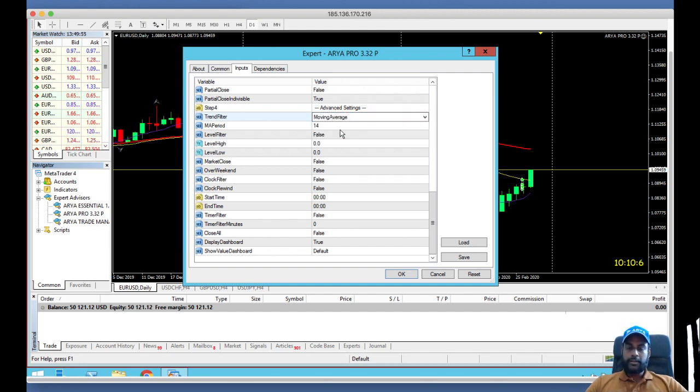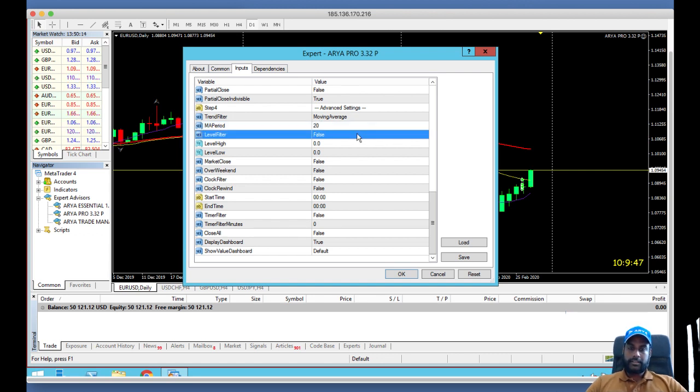I will use, for example, moving average because I want a confirmation that the trend is bearish before ARIA takes a short position between 110 and 110.50. I put moving average, and I want this moving average to be the moving average 20.